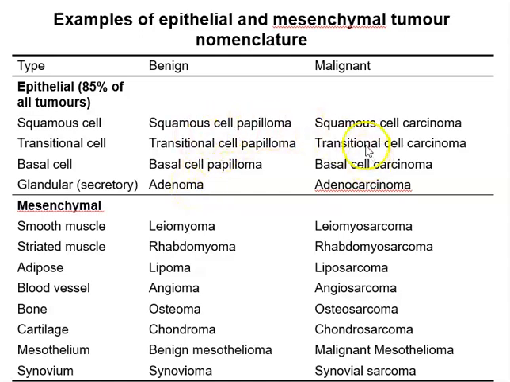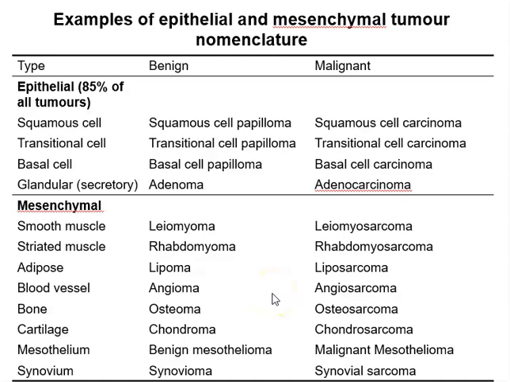If these become cancerous, we just go squamous cell carcinoma, transitional cell carcinoma, basal cell carcinoma, and then we convert adenoma, which is benign, to adenocarcinoma, which is malignant. So carcino relates to cancer. So if you see carcinoma, it's cancerous. So the main one to remember is adenoma is your benign glandular secretory, adenocarcinoma is your malignant, and then all the others you're putting the suffix papilloma or carcinoma on the end of the cell type.